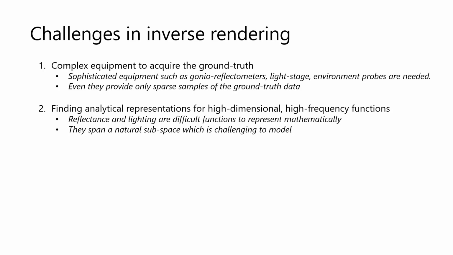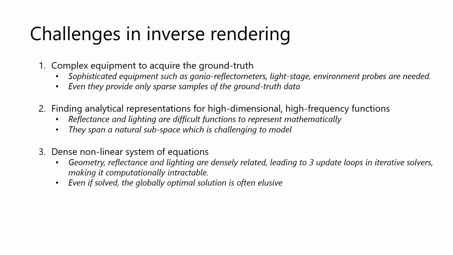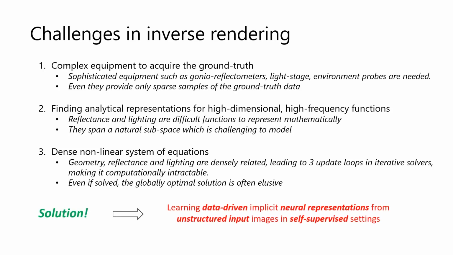Second is that finding analytical representations for these physical parameters is challenging because these are high dimensional and high frequency functions. And third, the interaction between these components is quite complex, which leads to a very dense system of nonlinear equations that often require iterative optimizers that need multiple update loops over several variables, making it computationally intractable. And even when solved, the globally optimal solution is often elusive.